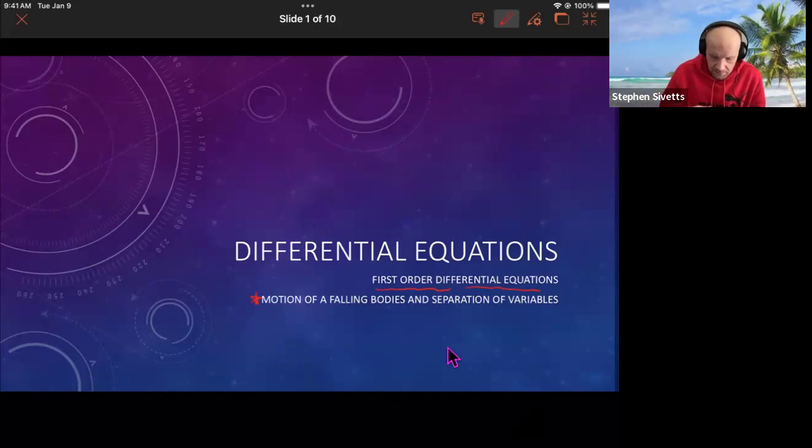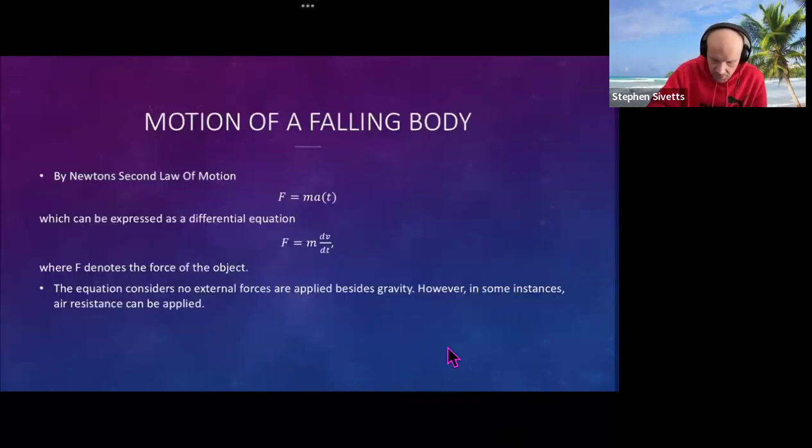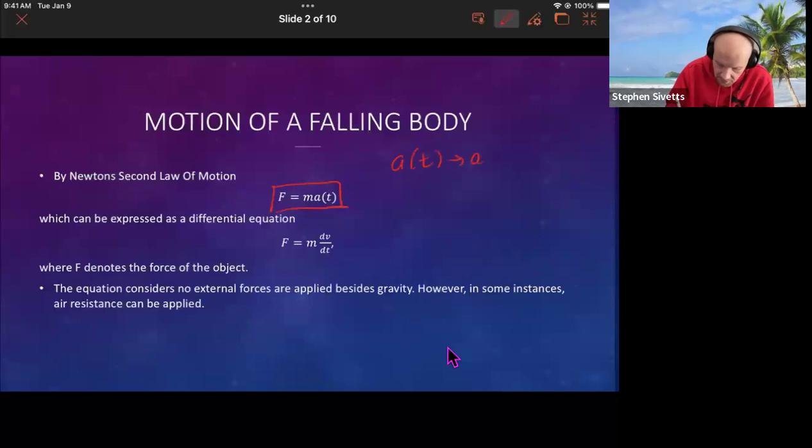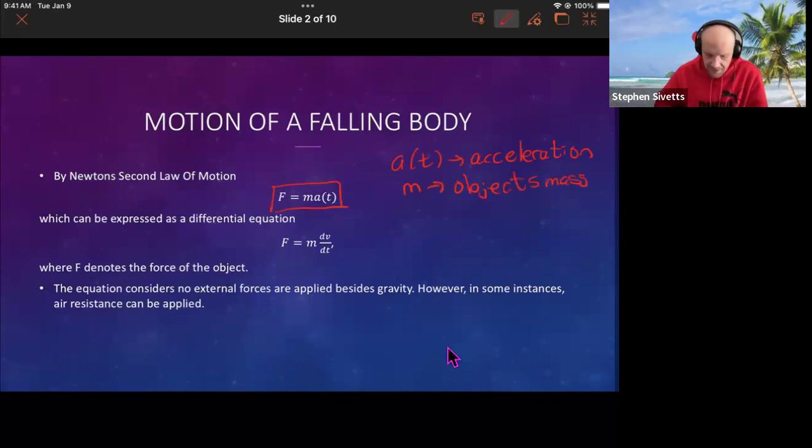So let's get started. As you recall, by Newton's second law of motion, the force applied to an object is equal to the object's mass times the acceleration. So a of t is the acceleration, and m is just the mass of the object.